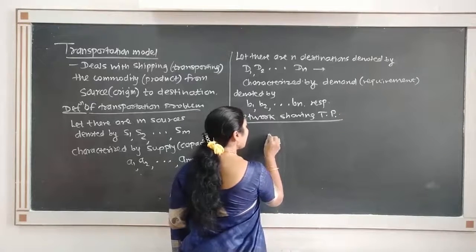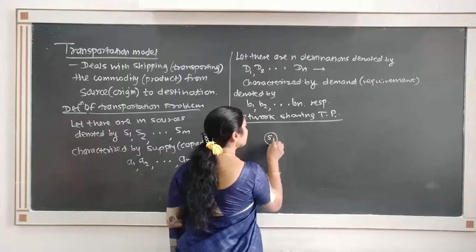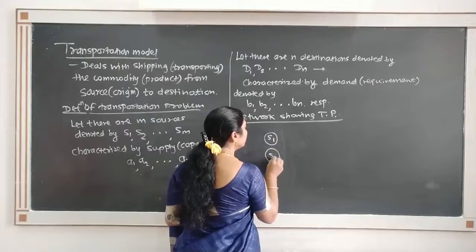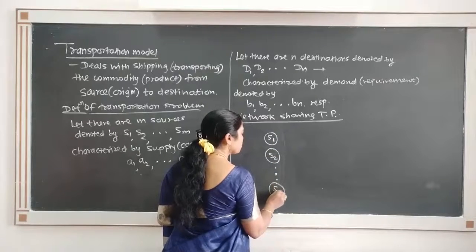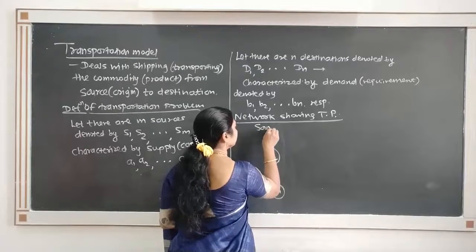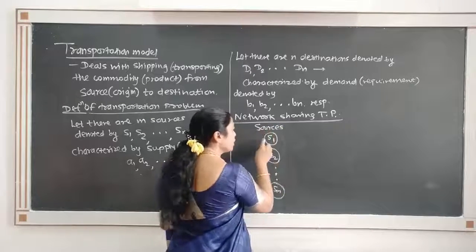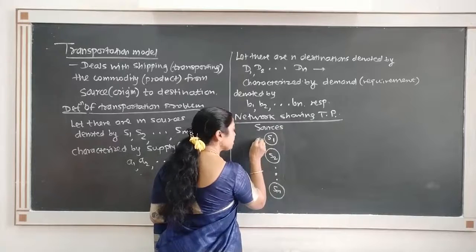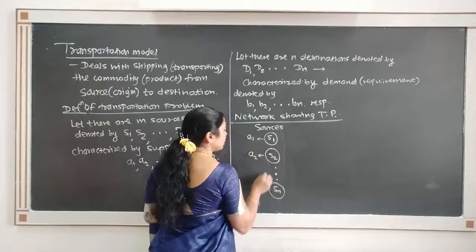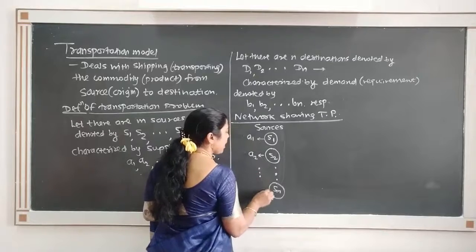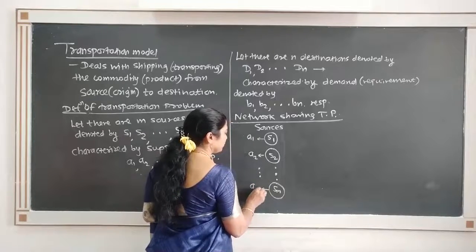So there are m sources S1, S2, etc., Sm. These sources have supply A1, A2, etc., Am respectively.